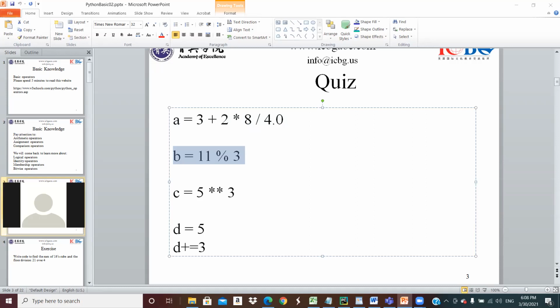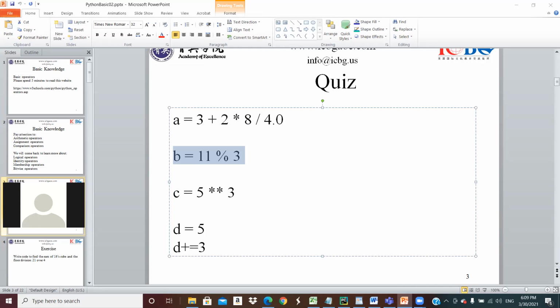What does modulus mean? All right, I think probably you do not know. Modulus means you divide by something and see what is left. Let's say you use 5 divided by 3. You can only divide it by 3 once, so that means it's 3, and then how much is left? 2 is left, so that is the modulus value.